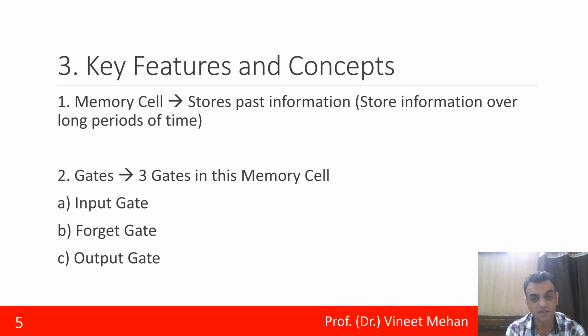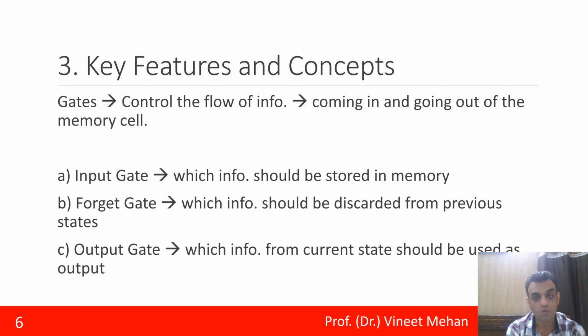And there are three gates in this memory cell: input gate, forget gate, and output gate. Input gate tells us what information is to be stored in the memory. Forget gate tells what information is to be discarded, and output gate tells which information from the current state should be used as the output. So these are the three gates.